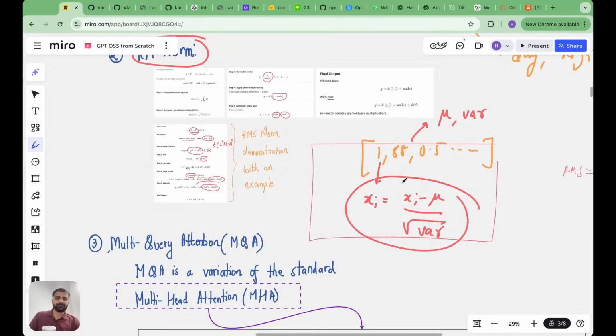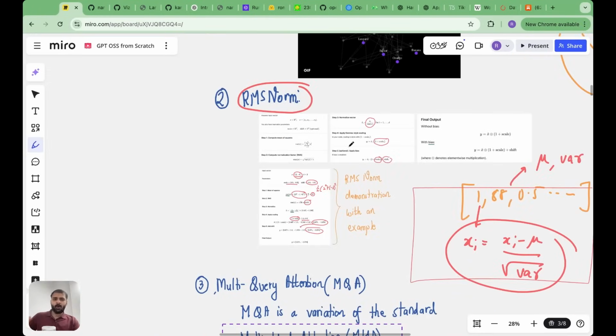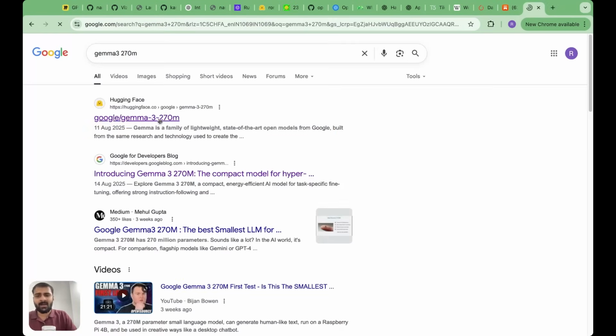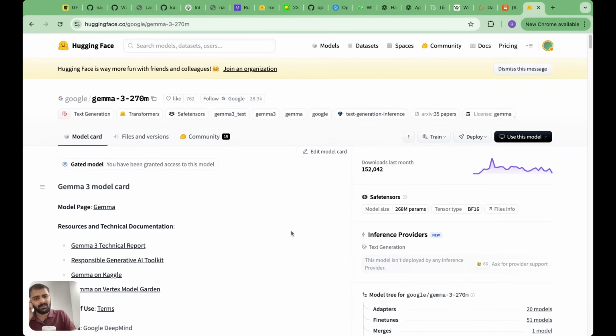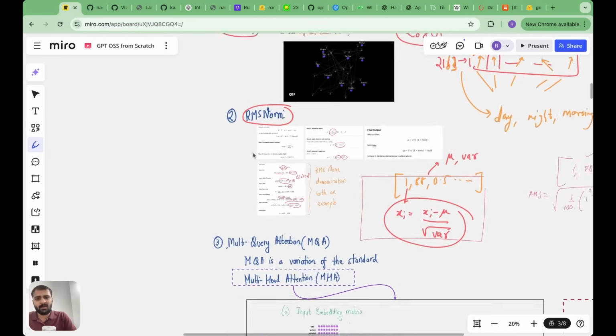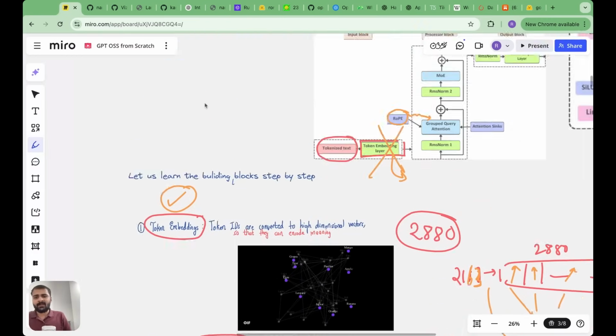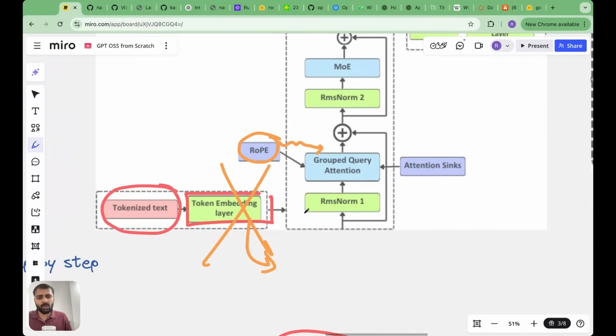I've seen that all modern architectures, including Gemma 3 270 million, if you take a look at their architecture, are also using RMS normalization. So I see this trend going forward, that the latest language models rely on RMS normalization more than the standard way of doing normalization. So that's the second thing. And wherever you see RMS normalization, it's just that vector which is normalized.